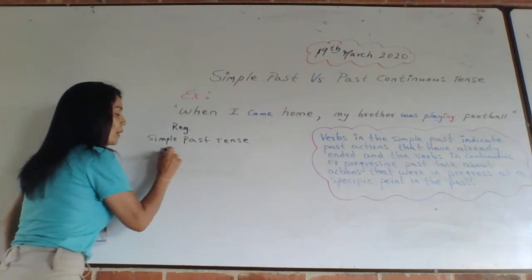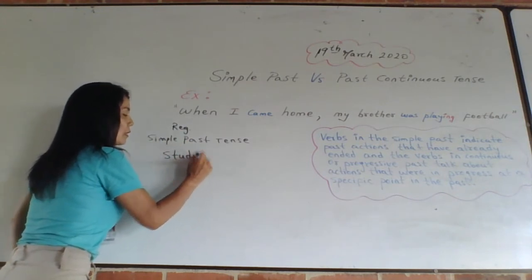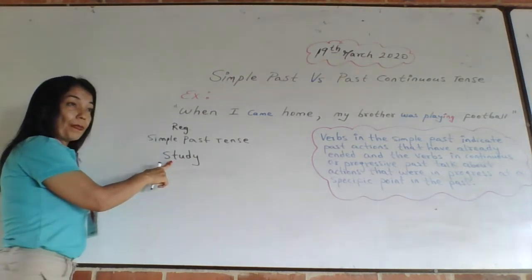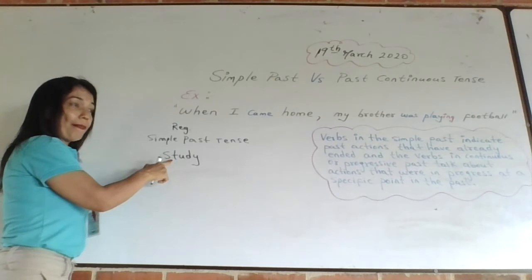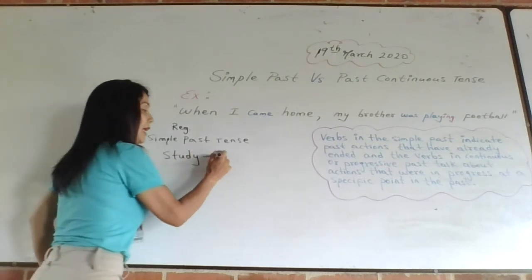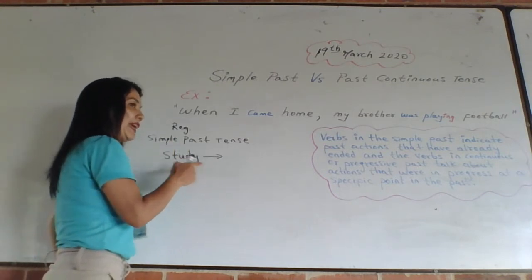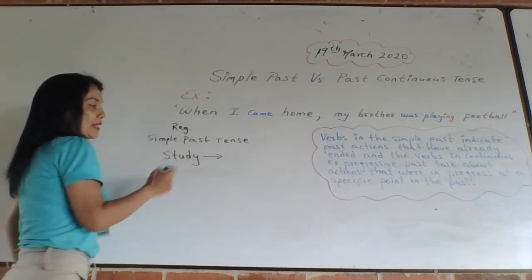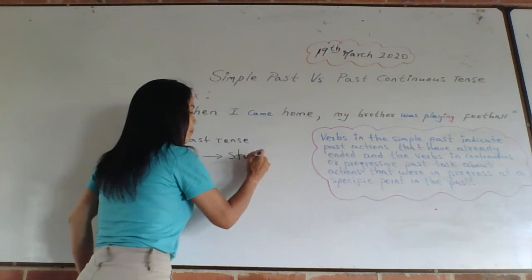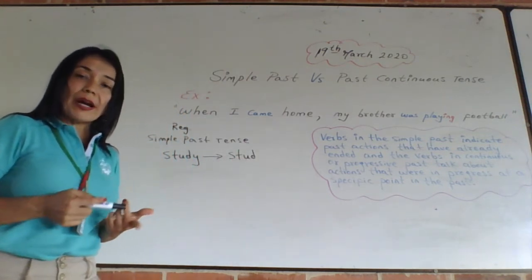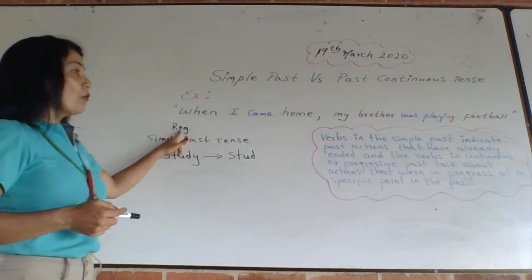For example, this is the verb study, and it's a regular verb in simple present tense, but you need to translate it into simple past tense. So we remember the rule to translate regular verbs into simple past tense.